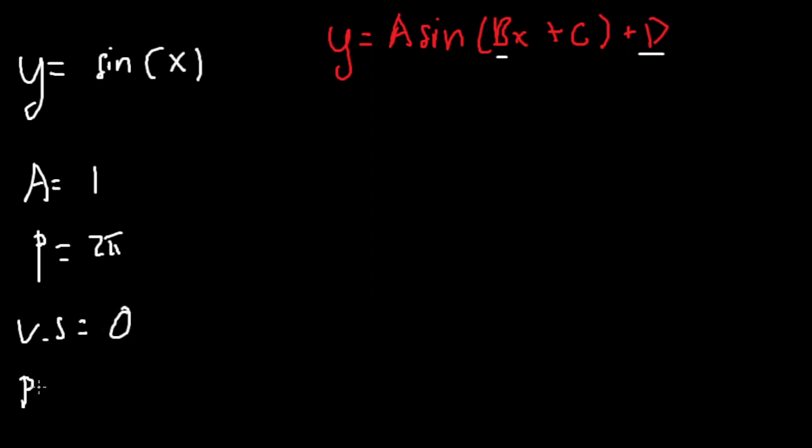Now, the phase shift. Ang ating phase shift is denoted by C over B. And earlier, na-establish na natin na ang value ng b natin is 1. However, wala tayong c. Now, we can see here in the general formula ng sine na ang c will be always to the right of x separated by addition or subtraction.